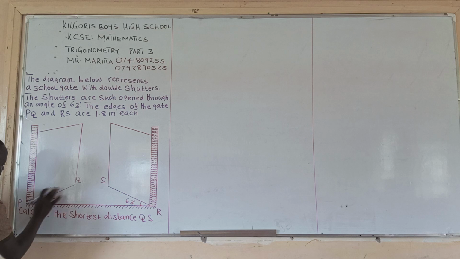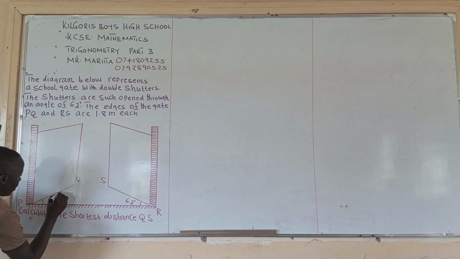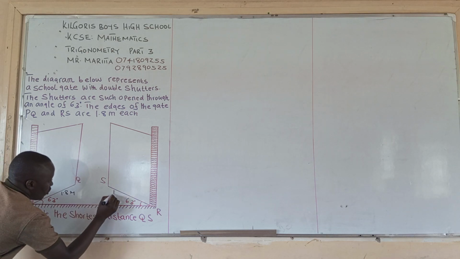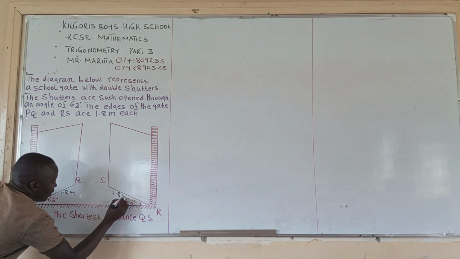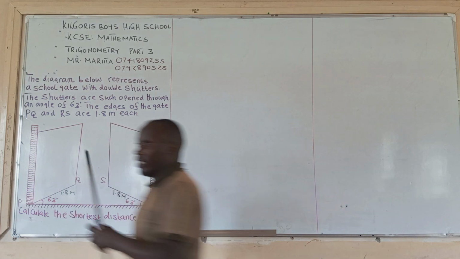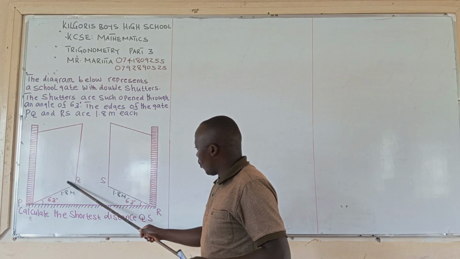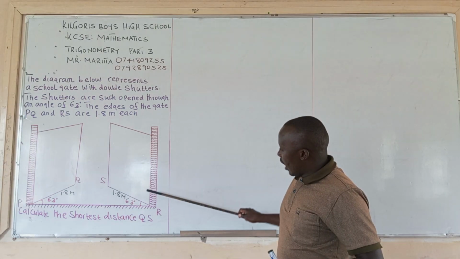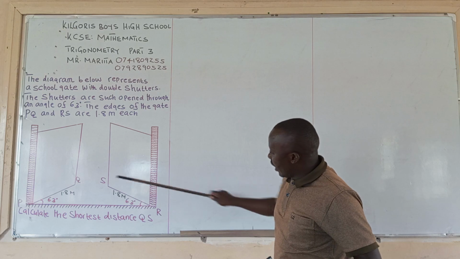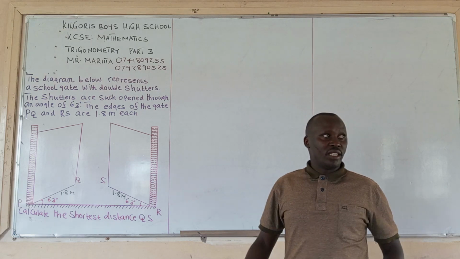We have this one as 1.8 meters, and this one is 1.8 meters. So we have PQ is 1.8 meters, and RS is 1.8 meters.